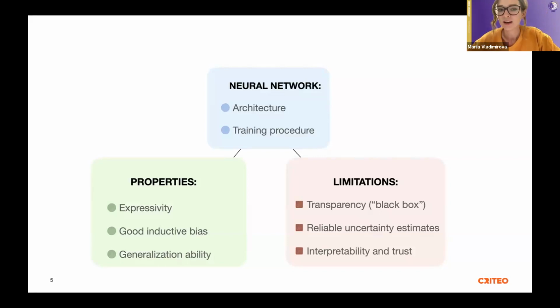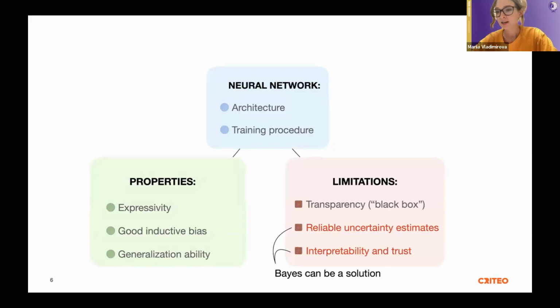These models have great properties: they are very expressive, have good adaptive bias and very good generalization ability, though they have limitations, such as transparency. It's a black box. We give an object and we get something, and we don't know how it worked, but it did. And it doesn't provide uncertainty estimates, and therefore we cannot really interpret it.